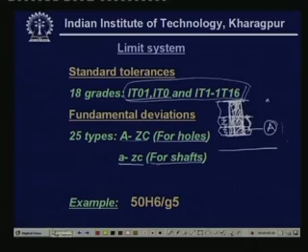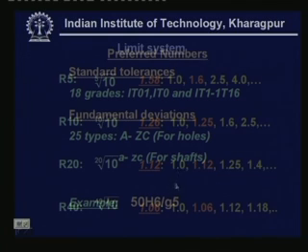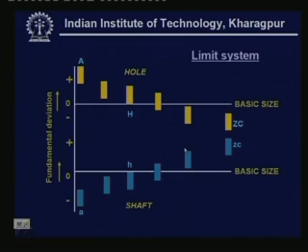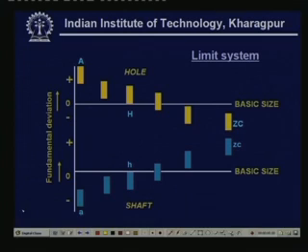So once again I go back to the earlier slide, which shows that like A, you have another one which is H. The speciality of H is that the fundamental deviation for H is 0. That means sometimes this is what we call the hole basis, where we do not have any deviation on the lower side from where the measurements are being made.